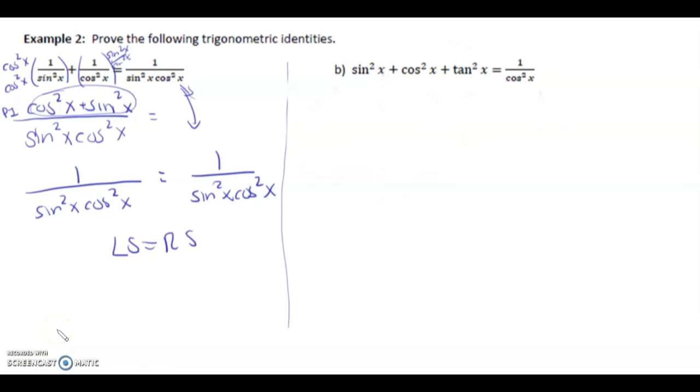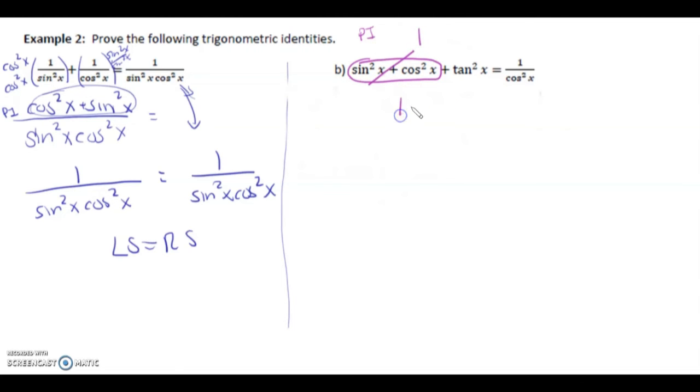Okay, example 2, we have sine squared plus cos squared plus tan squared equals 1 over cos squared. When we take a look at this, we can see that cos squared x plus sine squared x, we can cancel out with Pythagorean's identity, and that just equals 1.